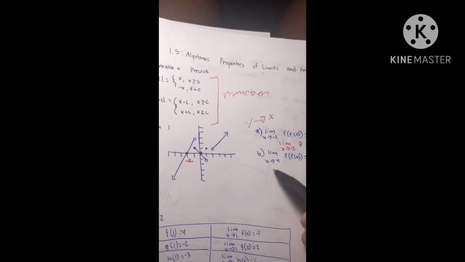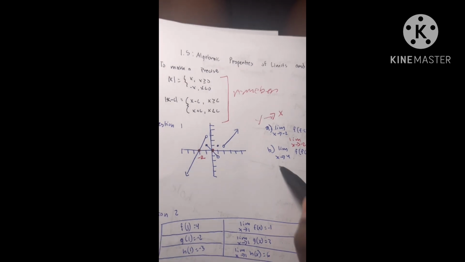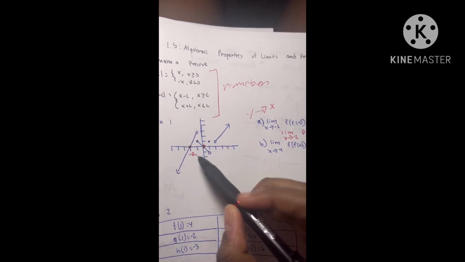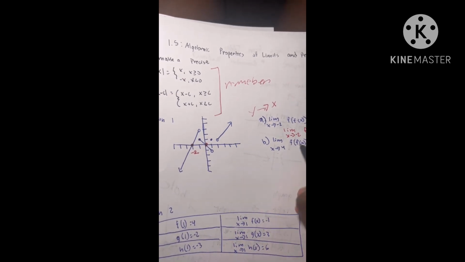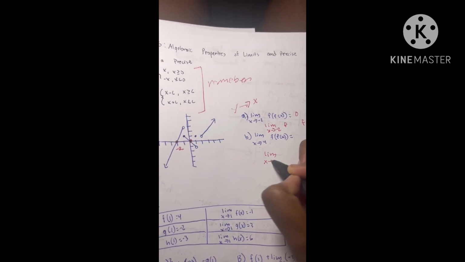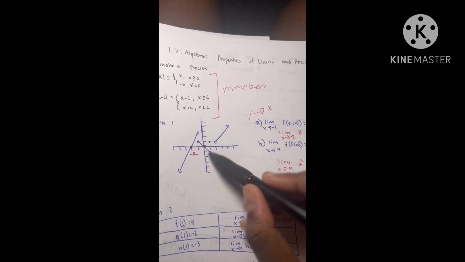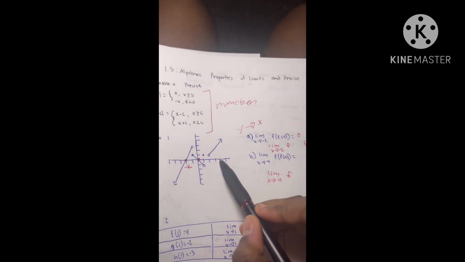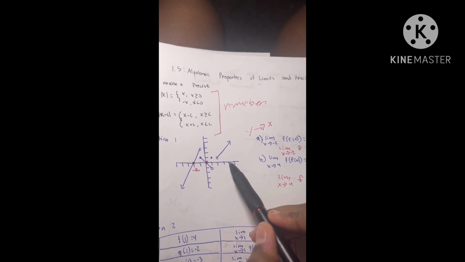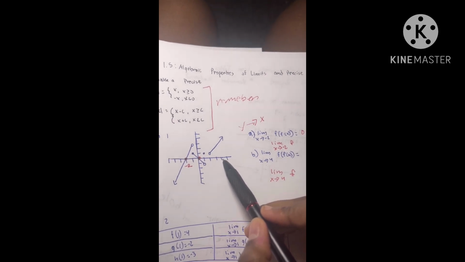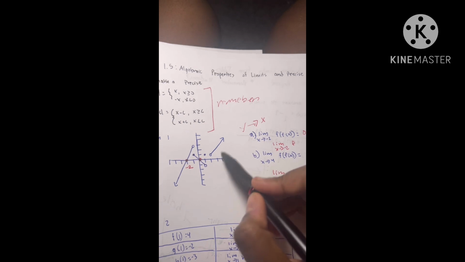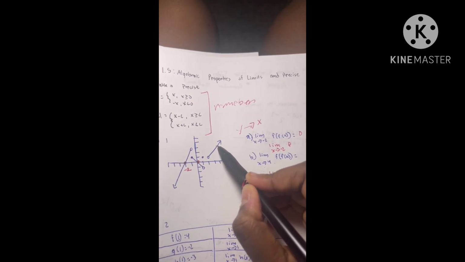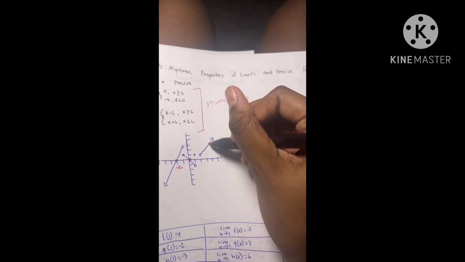The second one is, as the limit is approaching 4, again, same thing. You go to 4. What is f? So you just go to 4: 1, 2, 3, 4. And that will be 3.